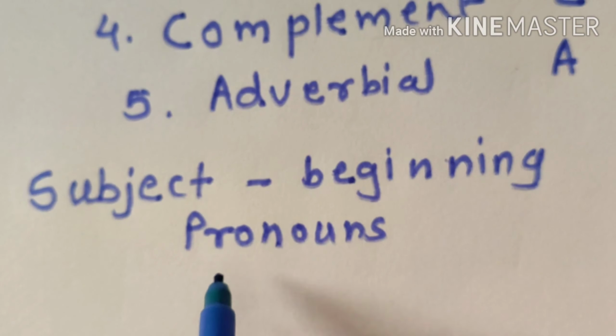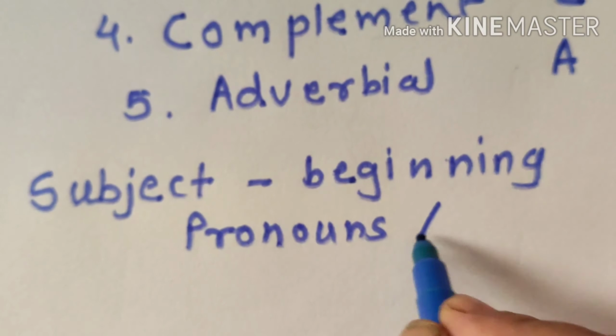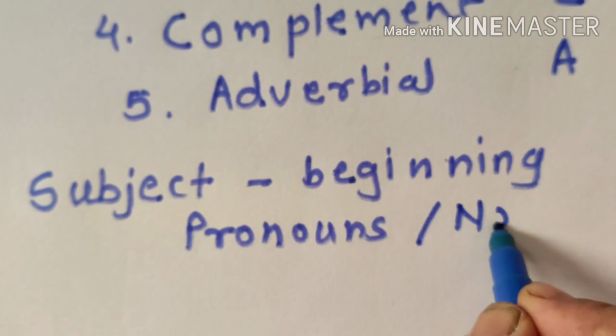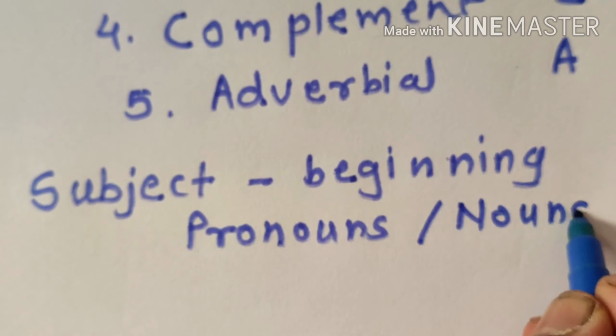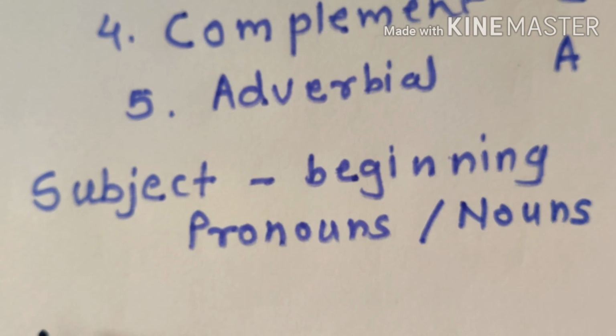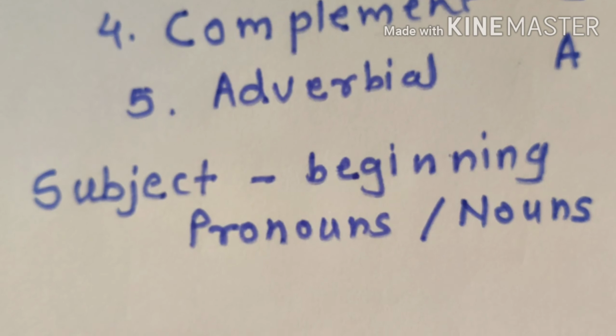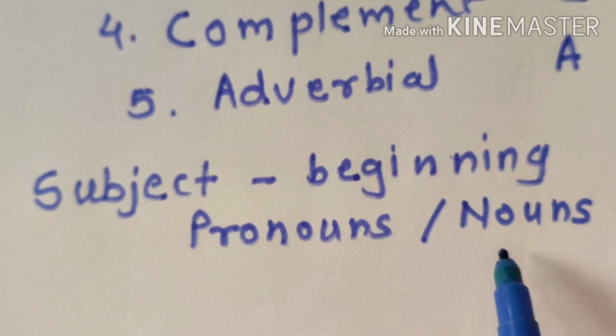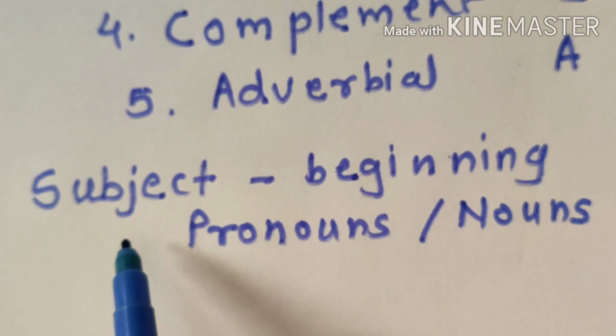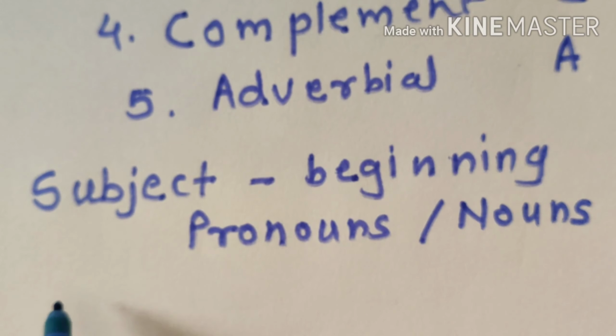These are pronouns, or they can be nouns. Now we have learned different types of nouns: common nouns, proper nouns, count nouns, mass nouns, collective nouns, abstract nouns. So any of these nouns can be used as a subject of this clause.